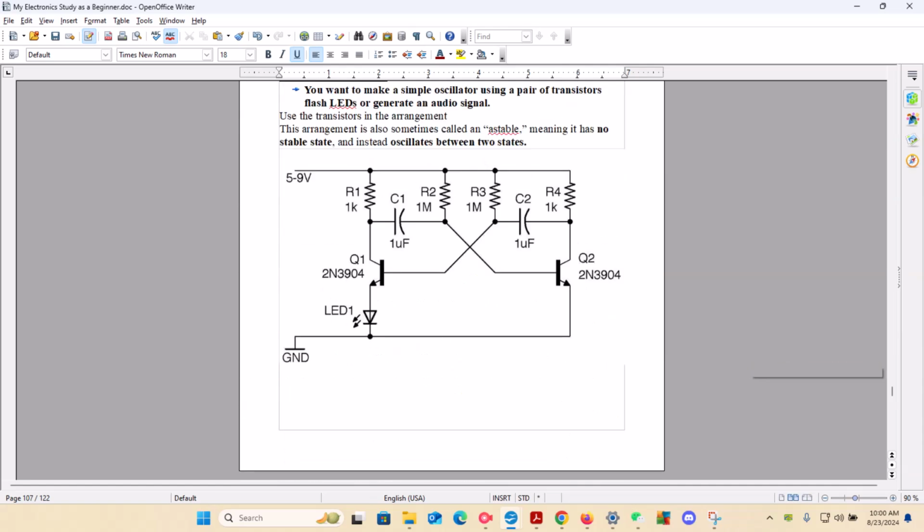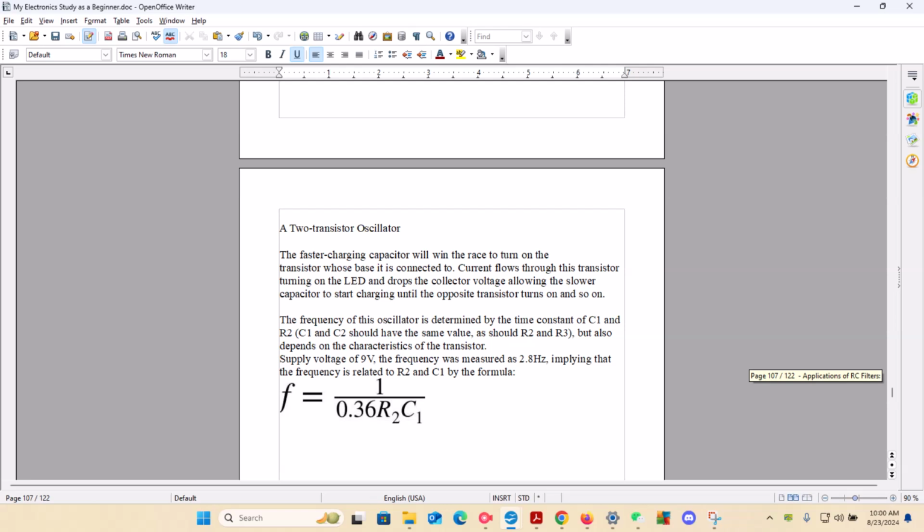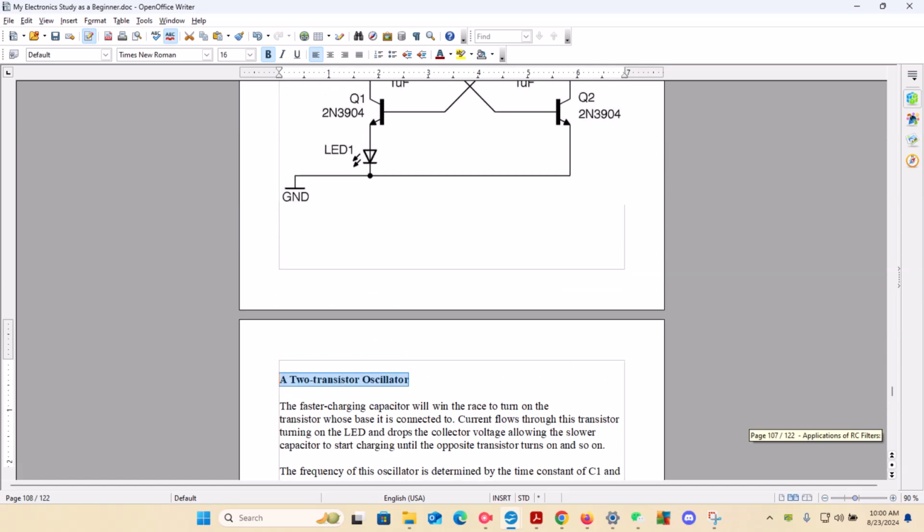Okay, and then finally, for our 2-transistor oscillator, we need to remember that frequency equals 1 over 0.36 times resistor 2 times capacitor 1.